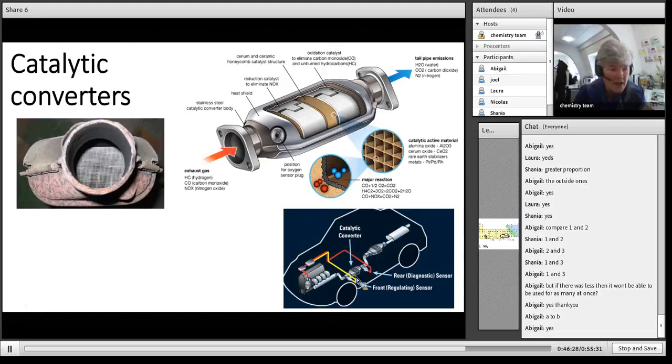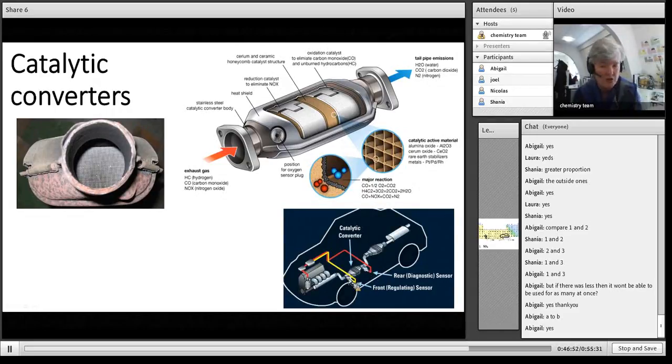So the engine's computer has to make sure that there's sufficient oxygen coming through the catalytic converter for it to work properly. If there's too little oxygen coming through, it won't work. So that's why we have those two oxygen sensors.